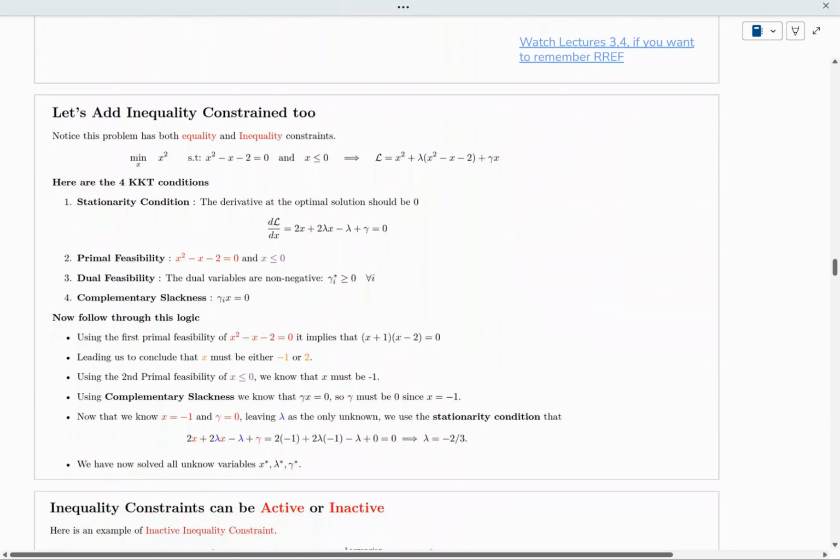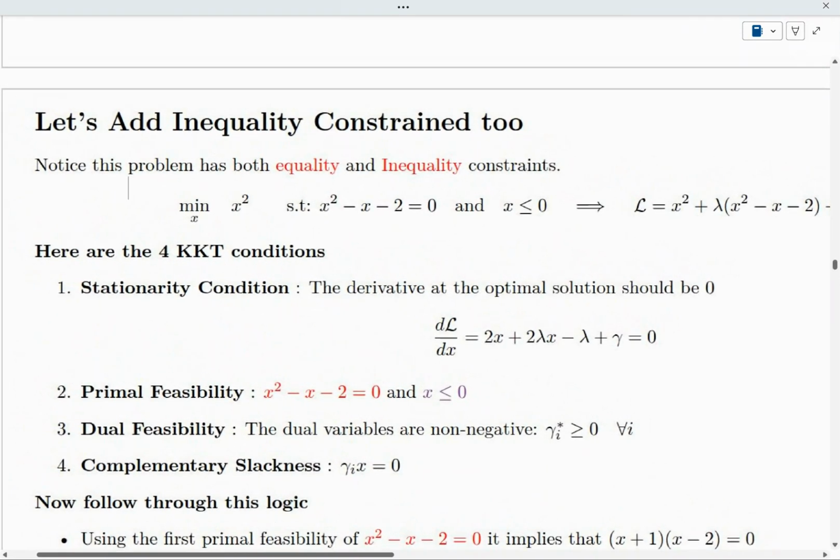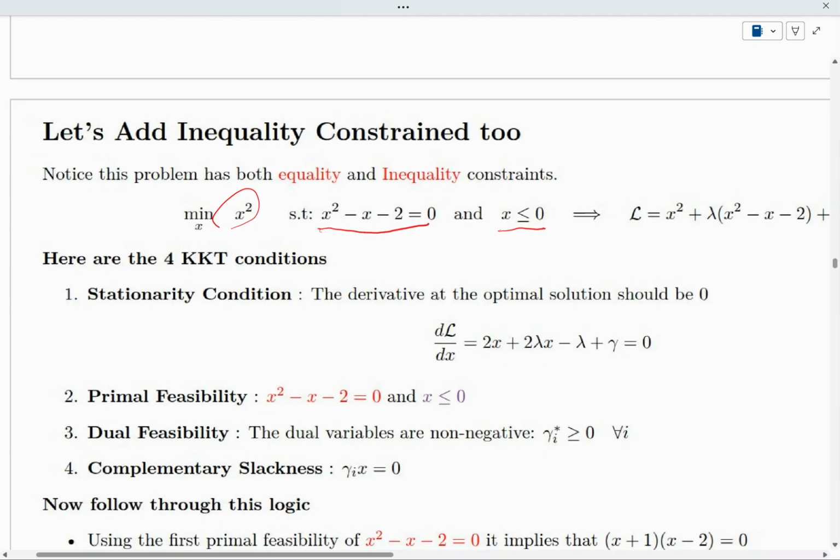All right, so next, so far we've only looked at equality constraints. Let's now look at inequality constraints. Let's add that in as well. So we're making the situation a bit more complicated. So here's the function, here's the equality constraint, and it's saying that x has to be less than 0. So that's the inequality constraint.